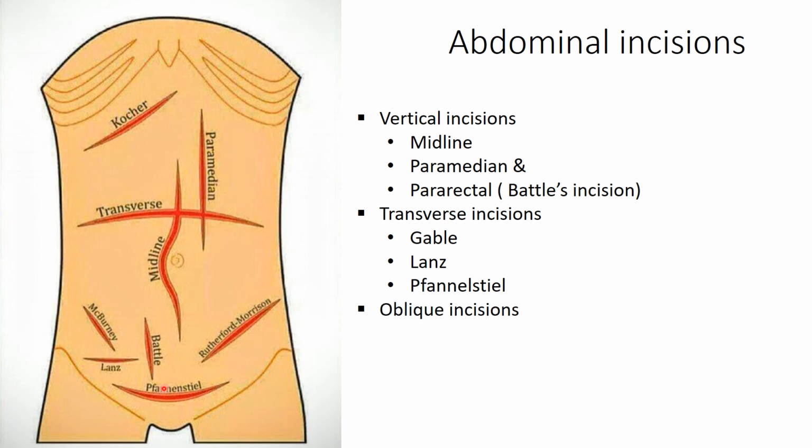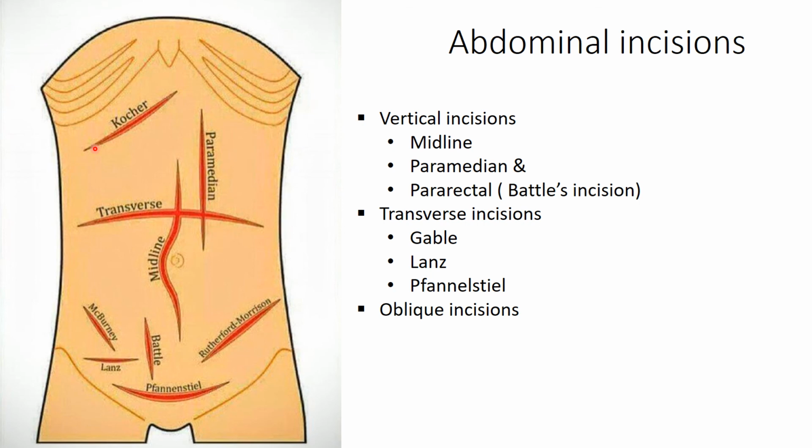And the third type is the oblique incision. First is the Kocher incision, which is done for cholecystectomy and for the biliary tract, and it is done 3 cm below and parallel to the costal margin from the midline to the rectus border.